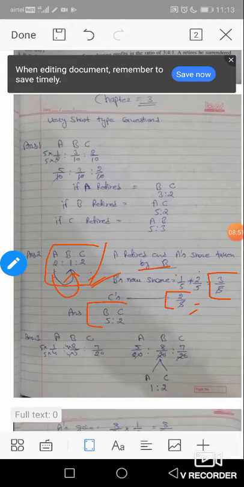Sorry, I said 5:2 by mistake. Here it is 3:2. 3:2 is B and C's new ratio.